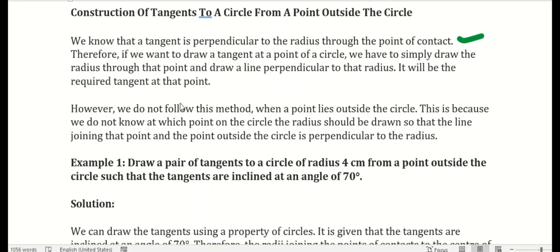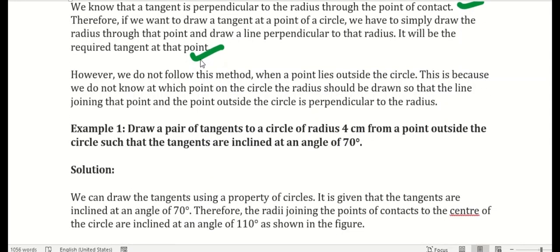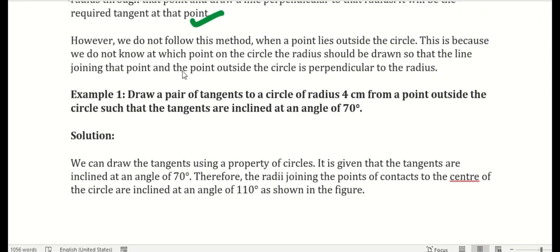It will be the required tangent at the point. However, we don't follow this method when a point lies outside the circle. This is because we do not know at which point on the circle the radius should be drawn, so that the line joining that point and the point outside the circle is perpendicular to the radius.